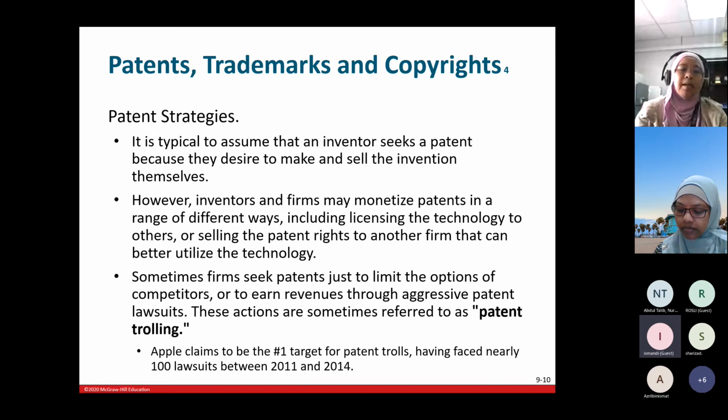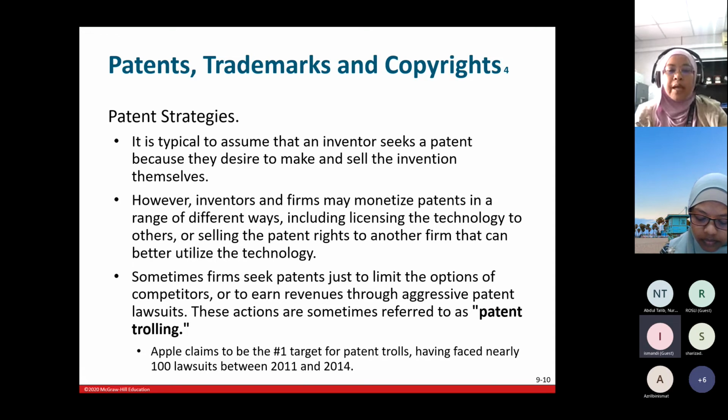Sometimes firms seek patents just to limit the options of competitors or to earn revenue through aggressive patent lawsuits. These are sometimes referred to as patent trolling. There are some people that have these issues.